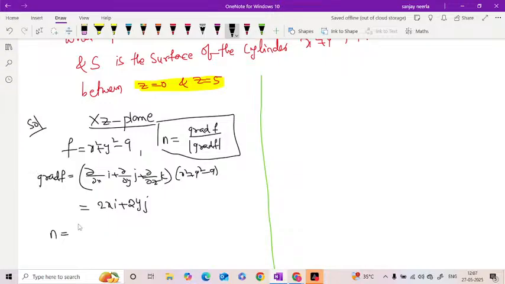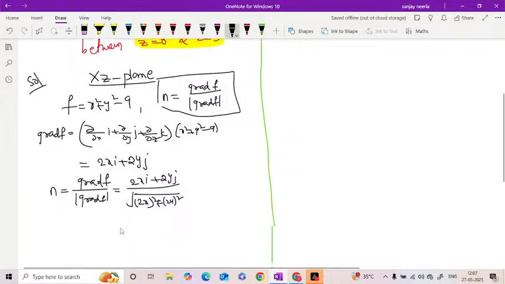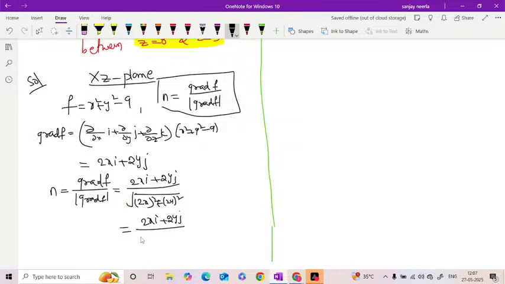But we want n, the unit normal vector. Now the gradient of f by its norm, that means 2x i plus 2y j by under root of (2x) whole square plus (2y) whole square. So 2x i plus 2y j by 2 under root of x square plus y square.